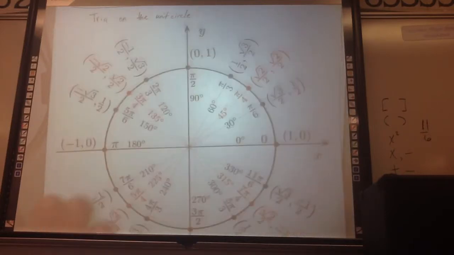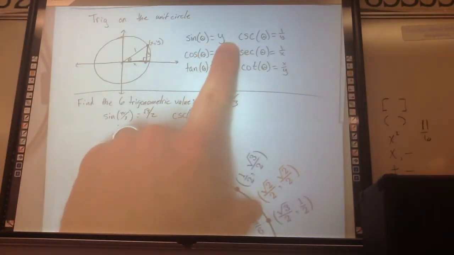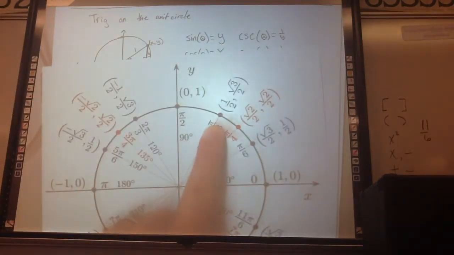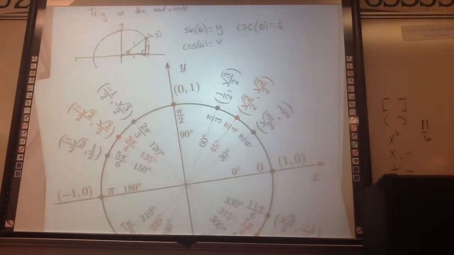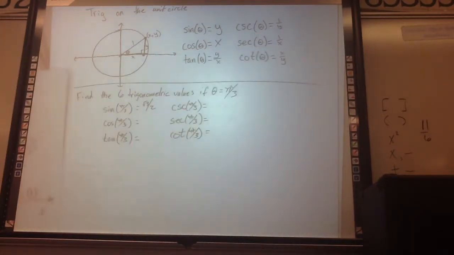Well, the sine of the angle is the y coordinate of the point around the circle. So when you're doing the sine of pi over 3, this point right here is 1/2 comma root 3 over 2.